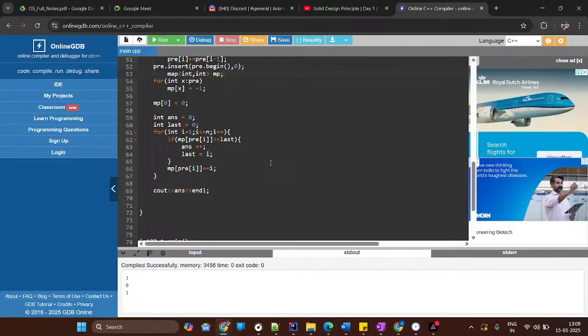And then it does MP of minus 4 pointing to 3. Answer is already 2 and it printed 1.